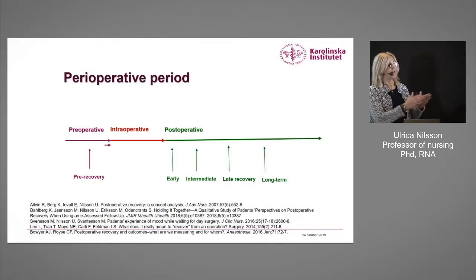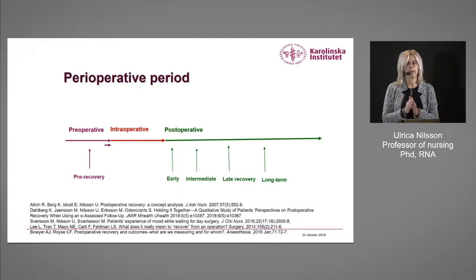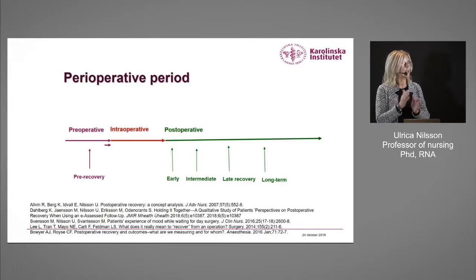It could take a long time or a short time. If it's emergency surgery, this period is very short. Then there is the intraoperative period, when the patient is under surgery. This period ends when the patient is admitted to the postoperative care unit.